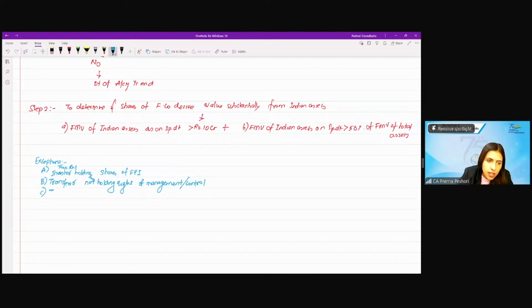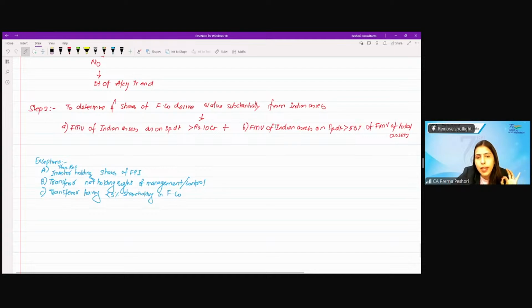Last one is the transferor having less than 5% shareholding in the foreign company. So basically, these are considered as the exception. So these are the small shareholders. Are we clear? So they will not be falling within the purview of the indirect transfer.